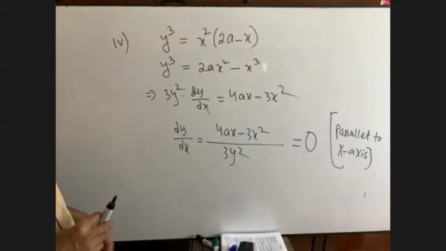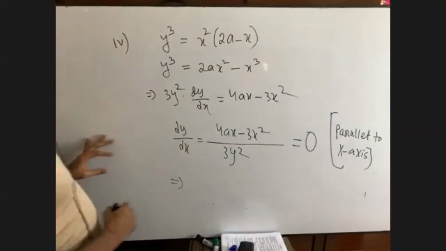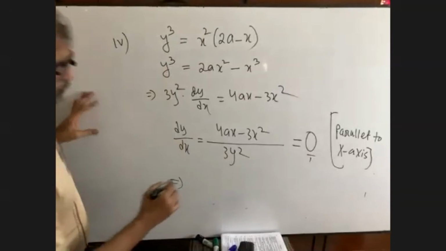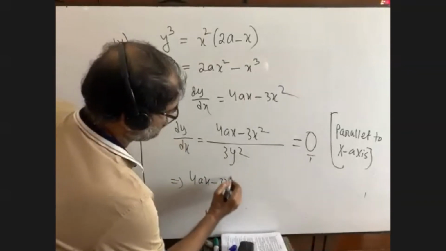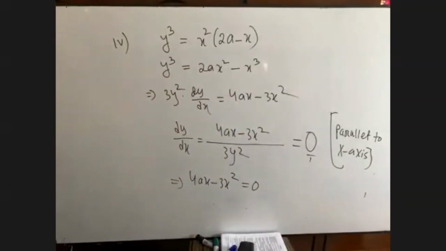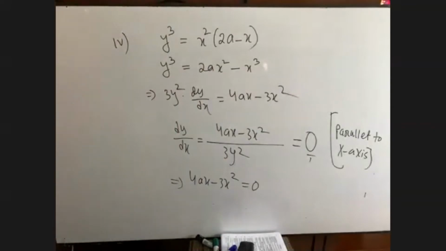That means, can you please let me know what will be your next step? It is 0, means 0 by 1, right? So we are getting 4ax minus 3x square is equal to 0. Talk to me. Yes, sir. Is it all?